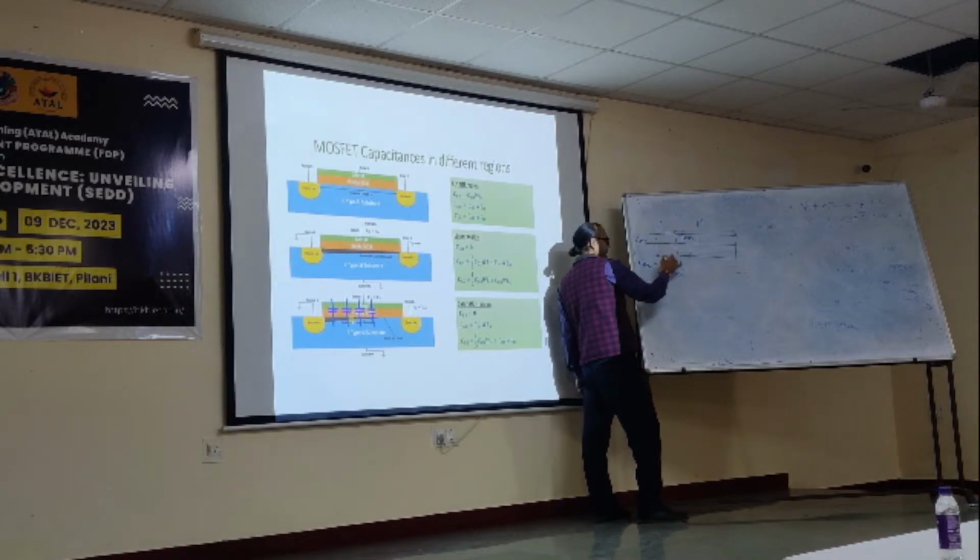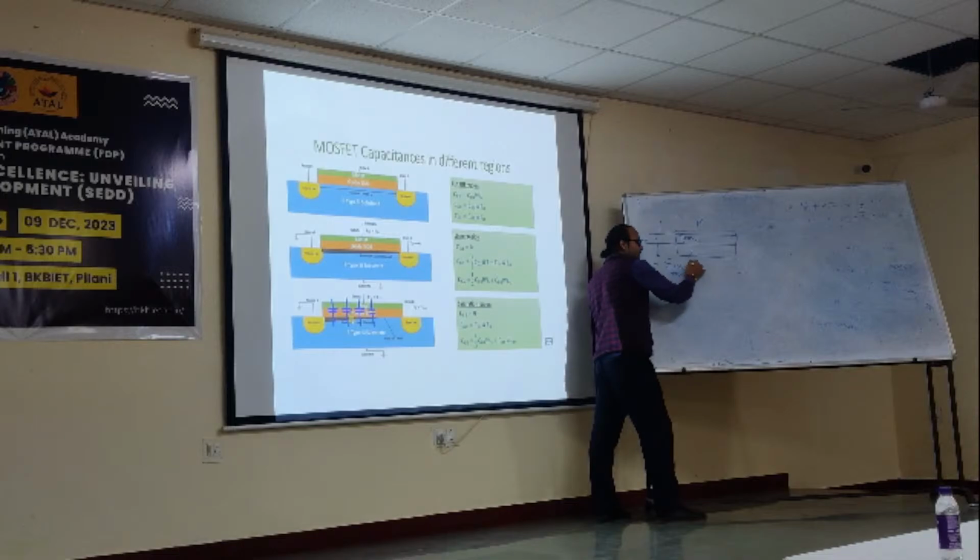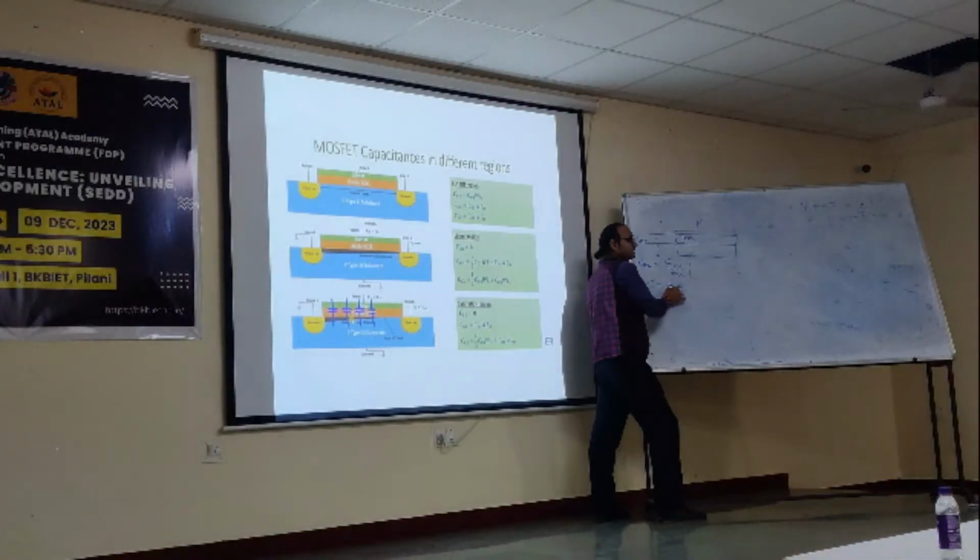What is its unit? Because capacitance is generally epsilon A upon D, we know very well. Area is not there, so this is per unit area, right? So what will be the total capacitance, the gate capacitance, gate to body?